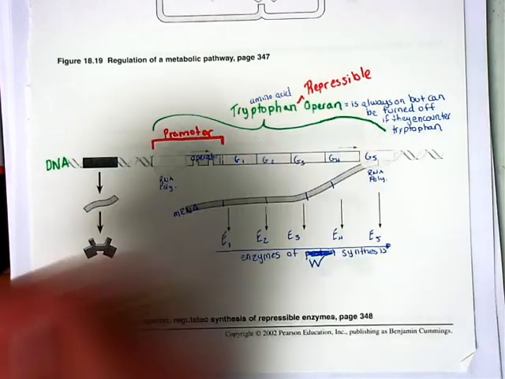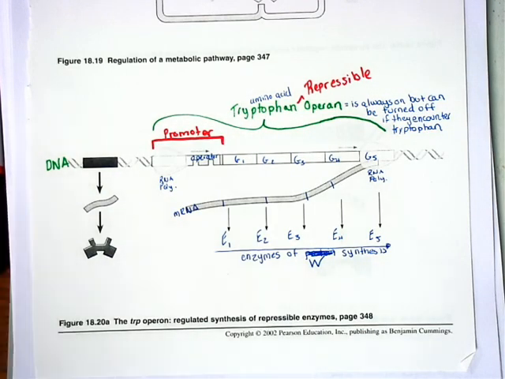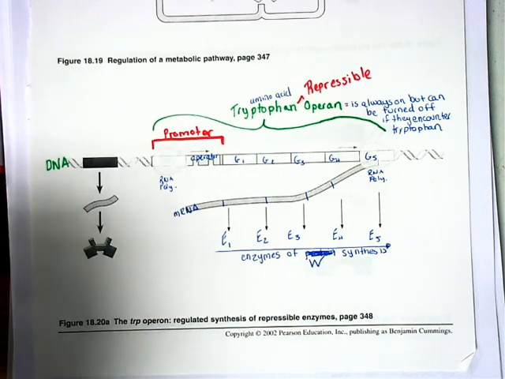Now, think about it logically. This is kind of like a negative feedback mechanism. If there was anything in the world that would turn this off, what do you think it would be? It makes sense that it would be tryptophan. So if tryptophan comes into the media, tryptophan would obviously be turning it off, right?